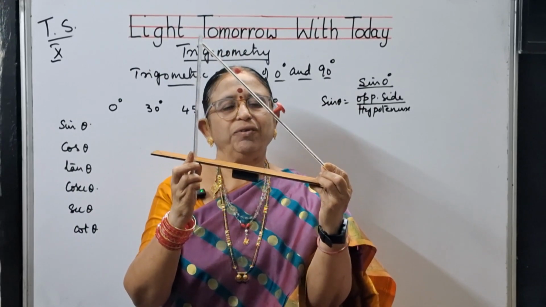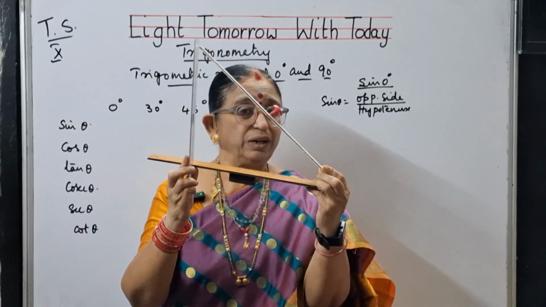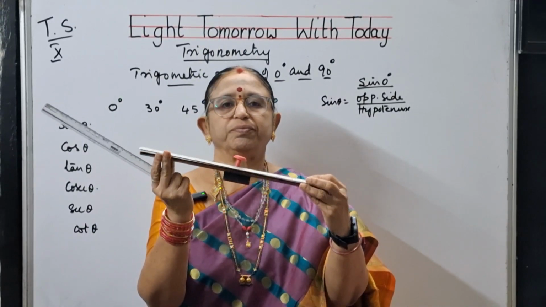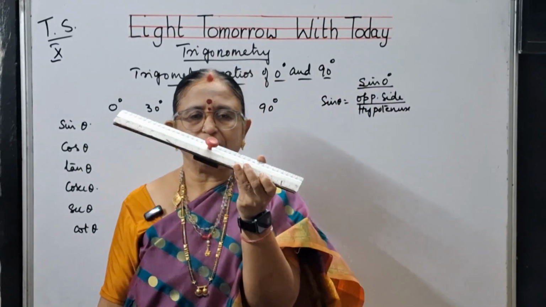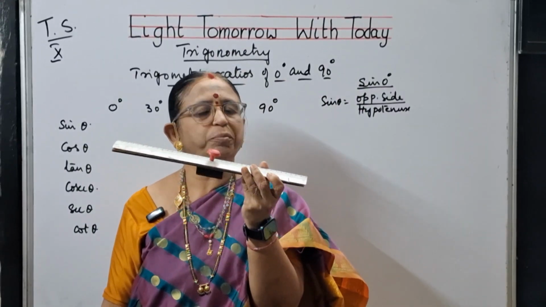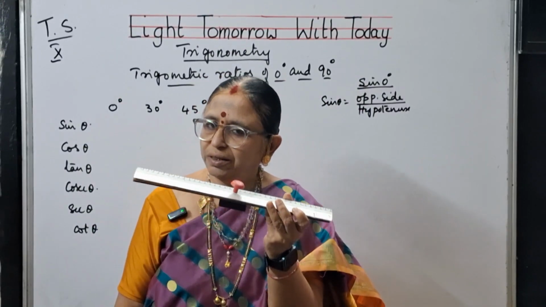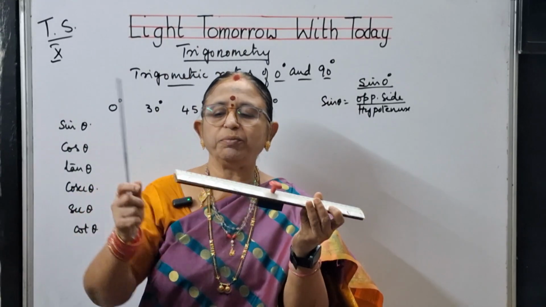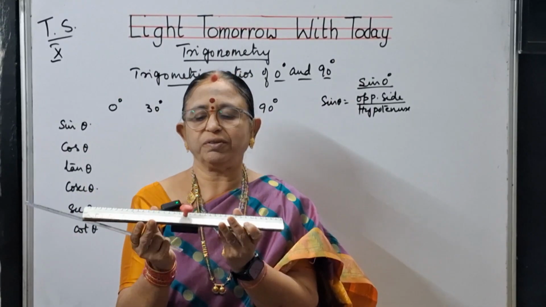So here, when I said sine 0 degrees, that means this angle is 0. These two are lying one upon the other. The arms are lying one upon the other, so that there is no angle formed. When there is no angle formed, where is the question of opposite sides?